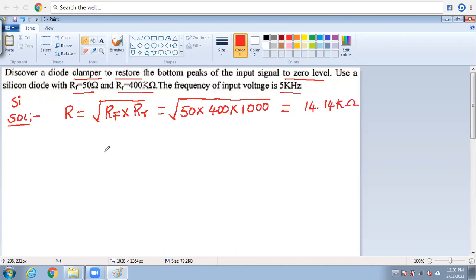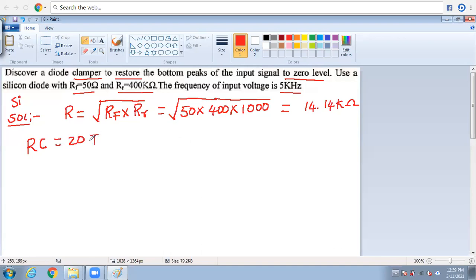Now as per the clamper circuit, there is a time constant that can be treated as RC, and RC equal to 20 T.